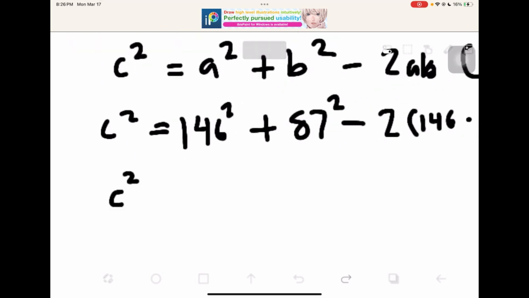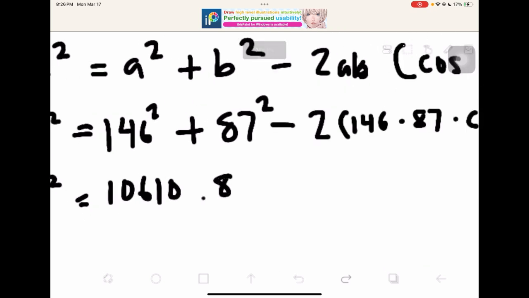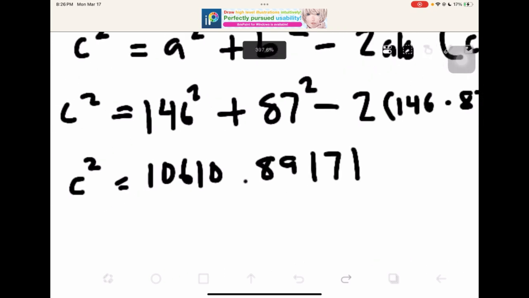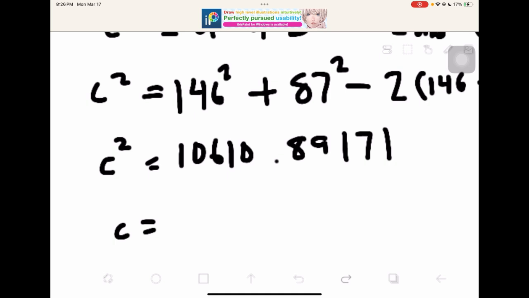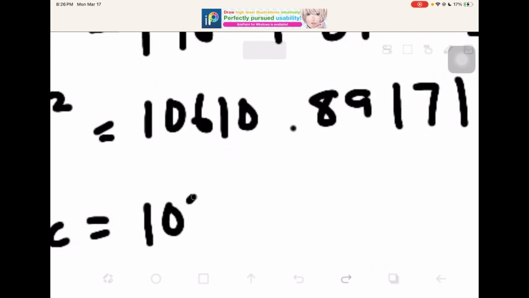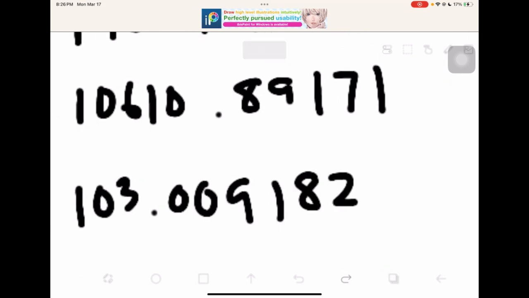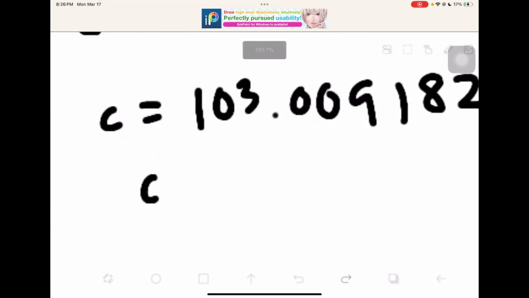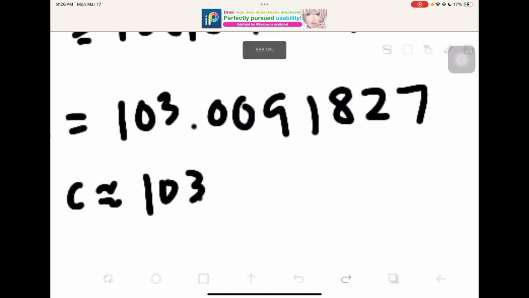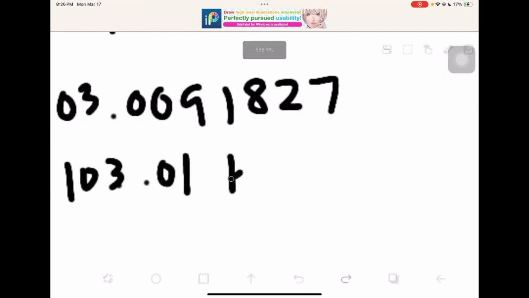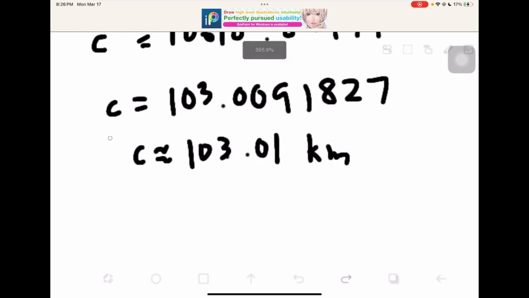C squared is equal to 10,610.89171. C is equal to 103.0091827. C is approximately 103.01 kilometers, and that is our answer.